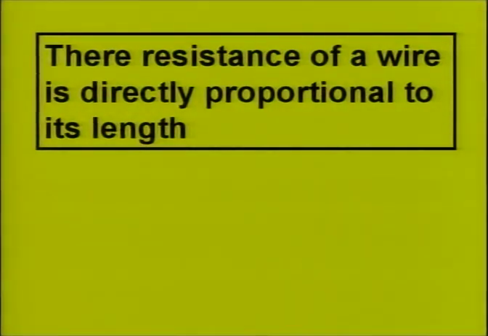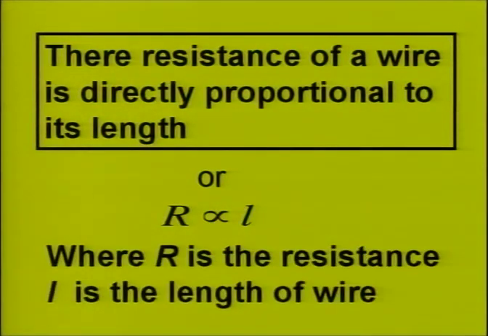The resistance of a wire is directly proportional to its length. Looking at those two, R is the resistance and L is the length of the wire.